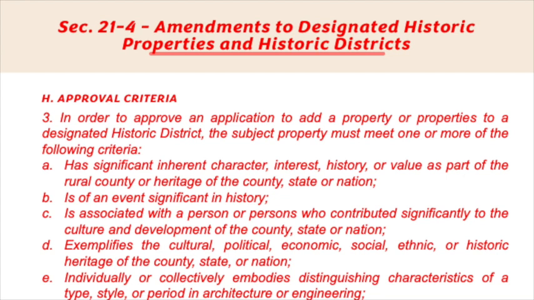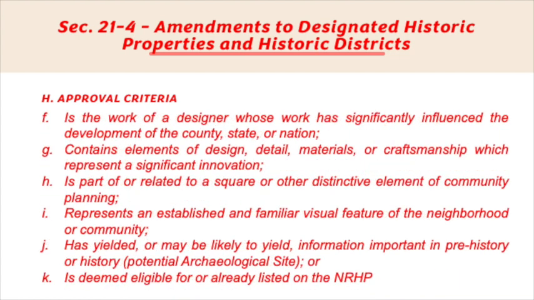E. Individually or collectively embodies distinguishing characteristics of a type, style, or period in architecture or engineering. F. Is the work of a designer whose work has significantly influenced the development of the county, state, or nation. G. Contains elements of design, detail, materials, or craftsmanship which represent a significant innovation.